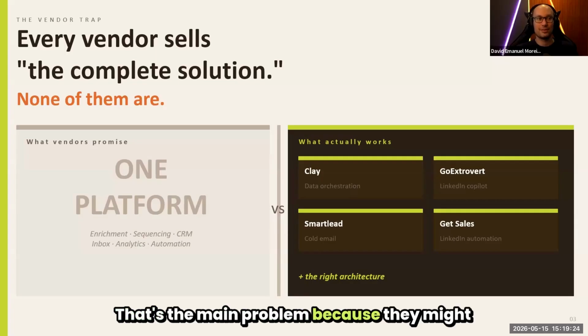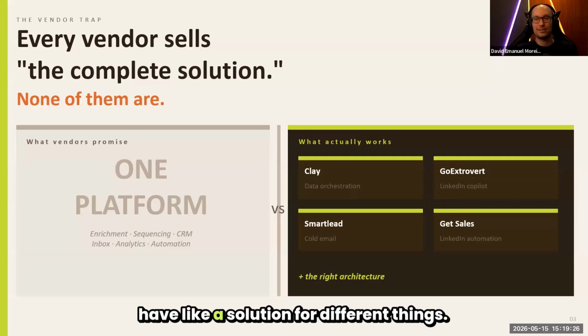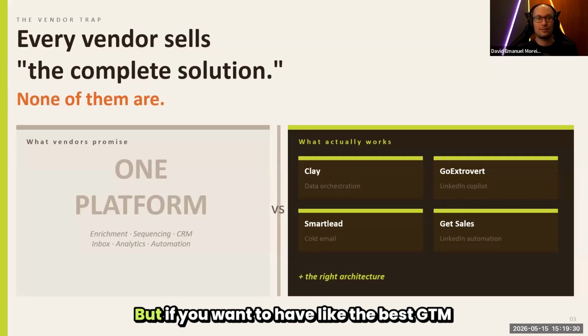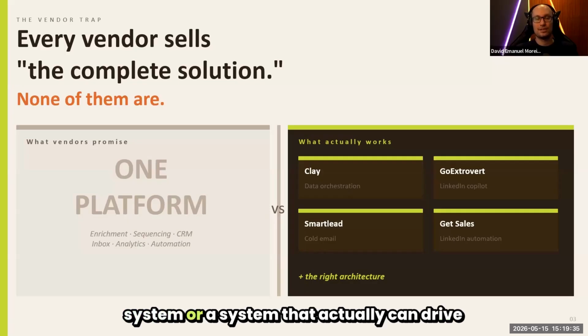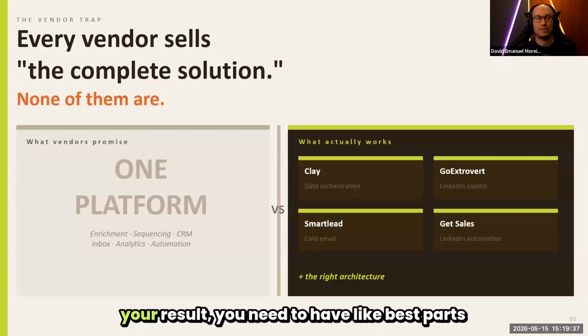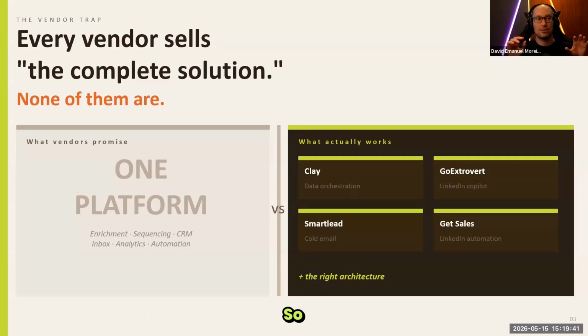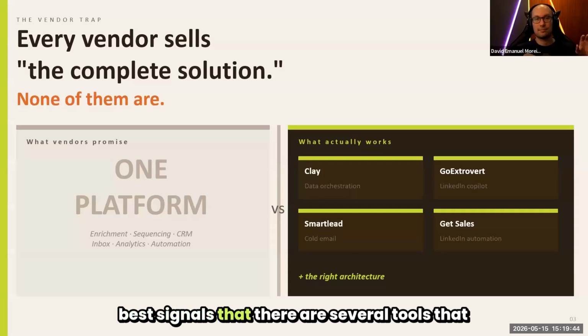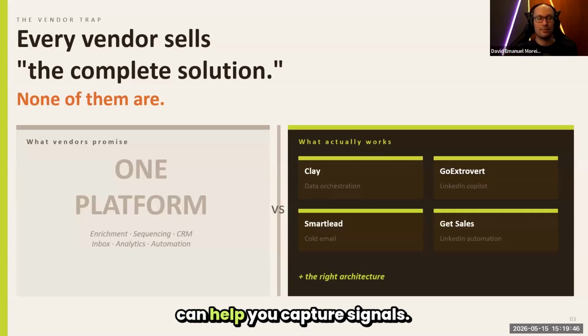That's the main problem, because they might have a solution for different things, but if you want to have the best GTM system, or a system that can actually drive results, you need to have the best parts for each. So best signals: there are several tools that can help you capture signals.